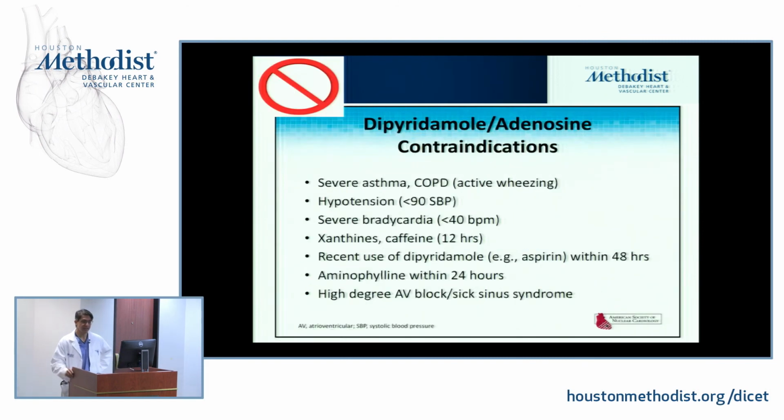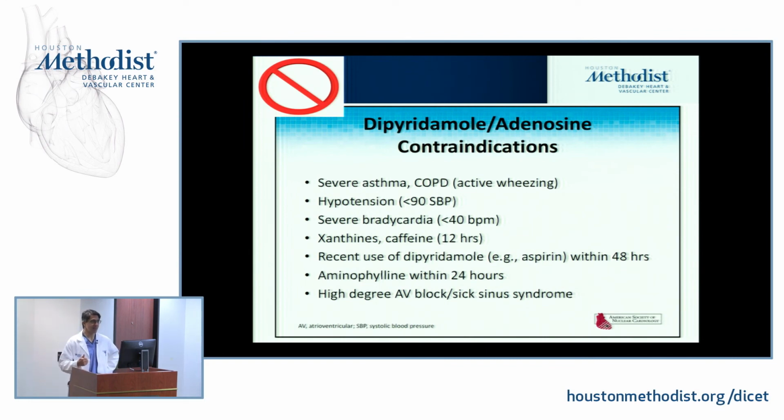What are some contraindications to adenosine? The biggest one, of course, is that the risk is bronchospasm, so patients who are already showing you that they're actively wheezing, such as those who have severe asthma, active COPD, these are not the patients you want to be giving adenosine to. Obviously, this agent also causes hypotension, so if they're already hypotensive, you want to avoid that.